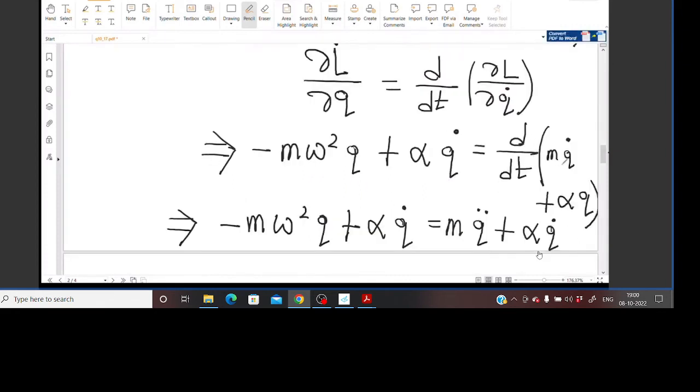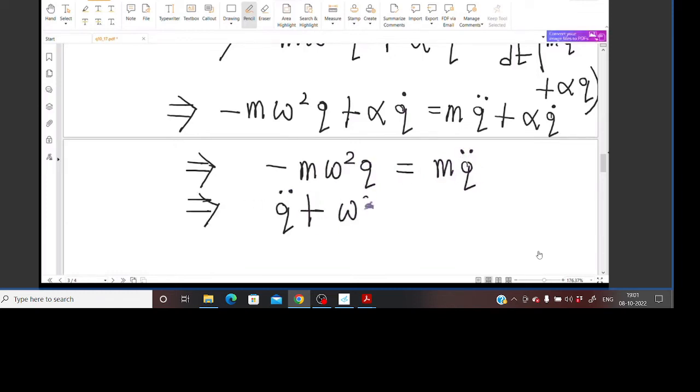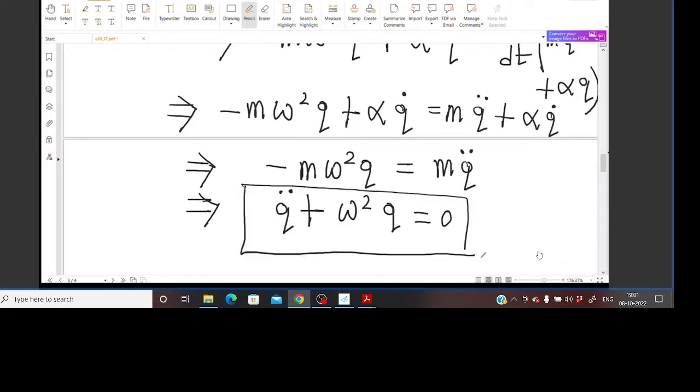Now d/dt of m q dot plus alpha q is equal to m q double dot plus alpha q dot. So we have minus m omega square q equal to m q double dot, or q double dot plus omega square q equal to 0. So this is the equation of motion when the Lagrangian is L.